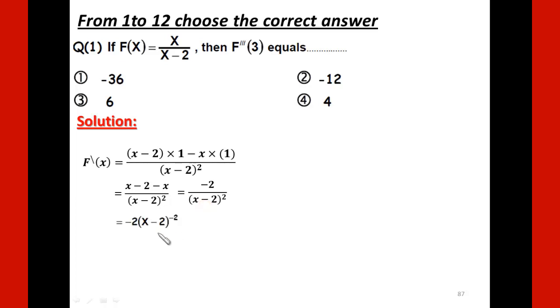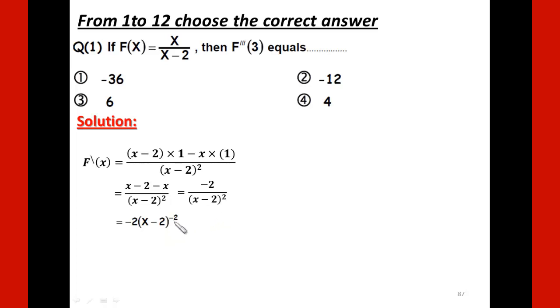Now we write it in a new form, which equals negative 2 multiply x minus 2 all power negative 2. x minus 2 in the denominator, power 2. To be in the numerator, we change the sign of the power.